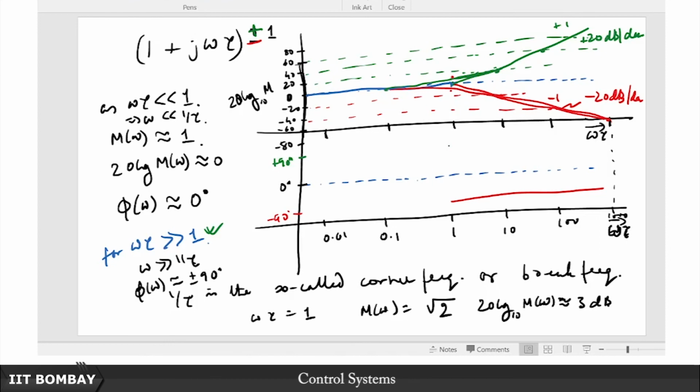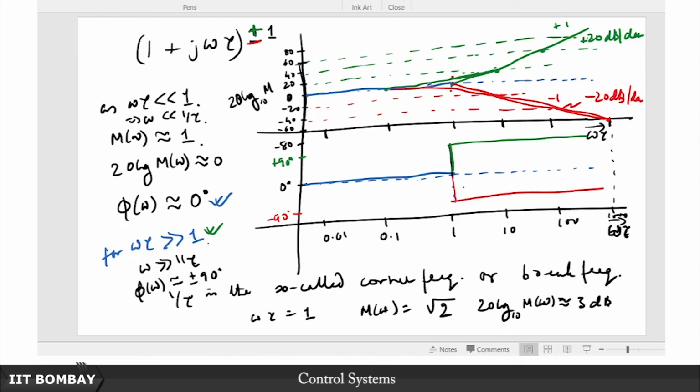So what do you do? Your low frequency asymptote carries you all the way up until here at 0 degree, and then your high frequency asymptote takes over and you find that there is a jump discontinuity here. Of course I personally do not mind if you just join it by a vertical line like this, it really does not matter much.